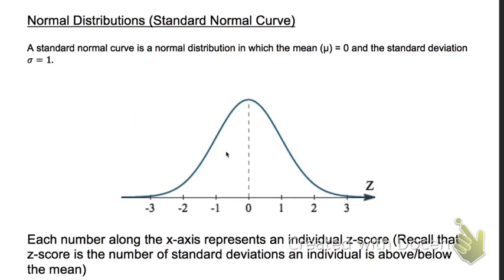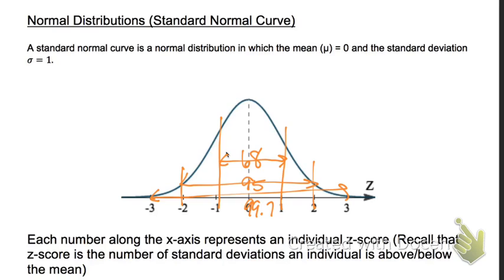Not bad. Okay, so we've talked about the normal curve, finding the area. We talked about the empirical rule. If you go out 1 standard deviation, how much percent is that? 1 on each side is 68, 95, and 99.7. Right?